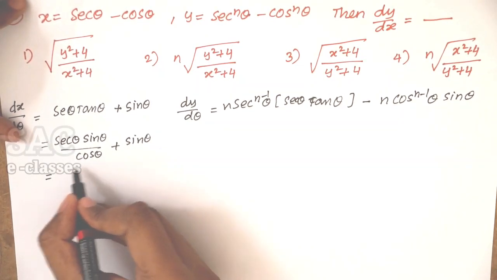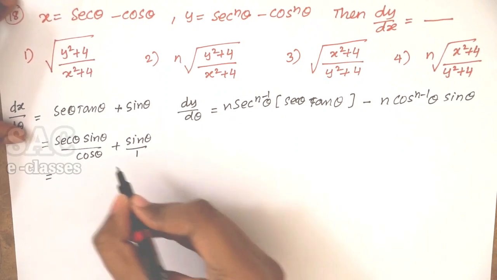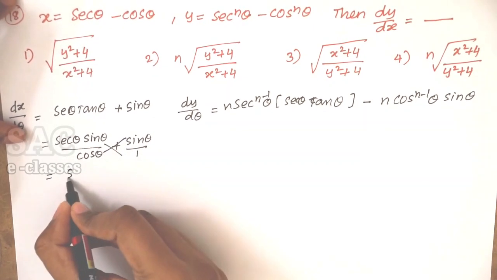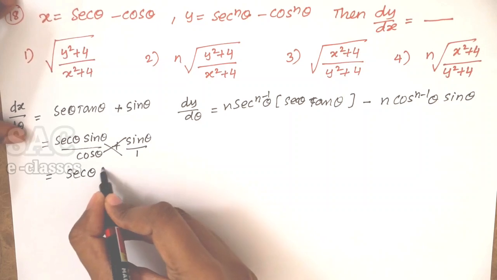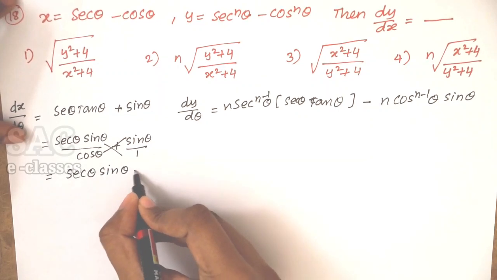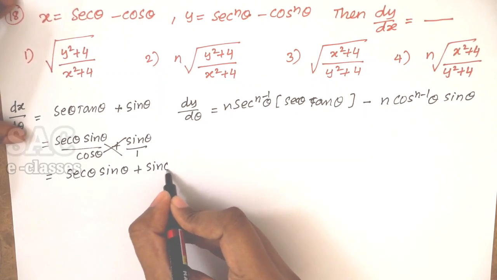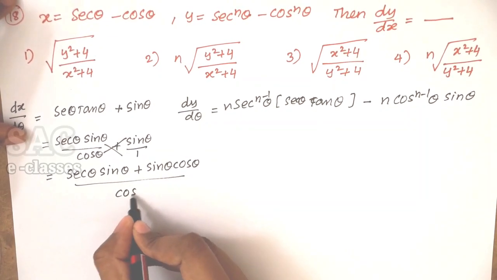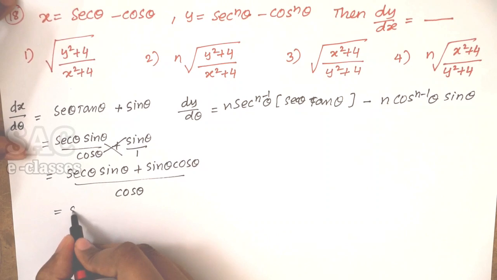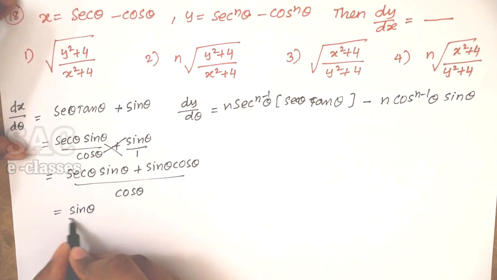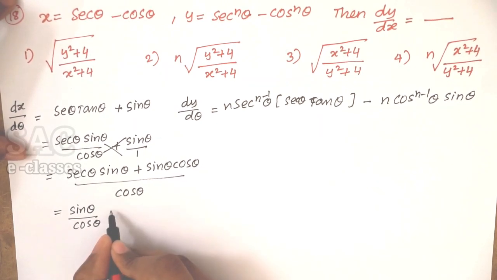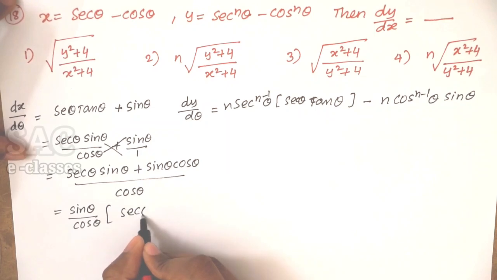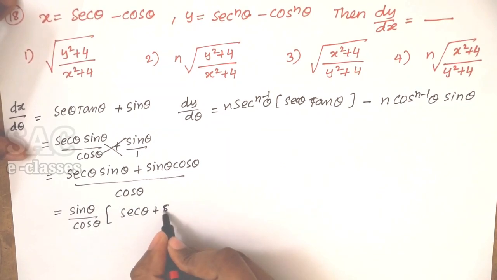Now take out sin theta and go for the simplification. Secant theta sin theta plus sin theta cos theta by cos theta. Let us simplify: sin theta by cos theta into secant theta plus cos theta.